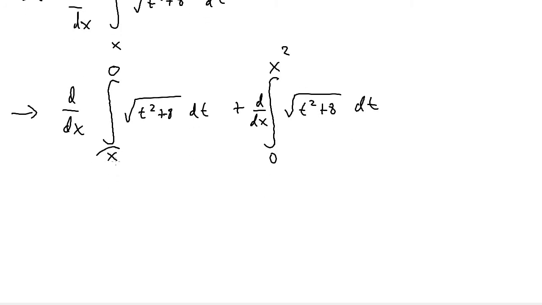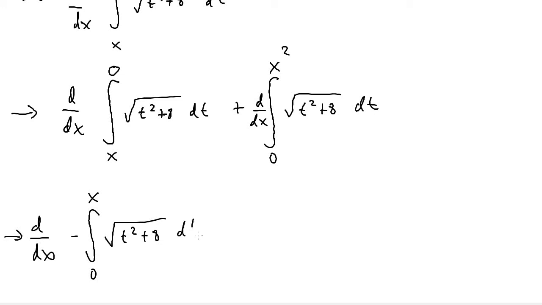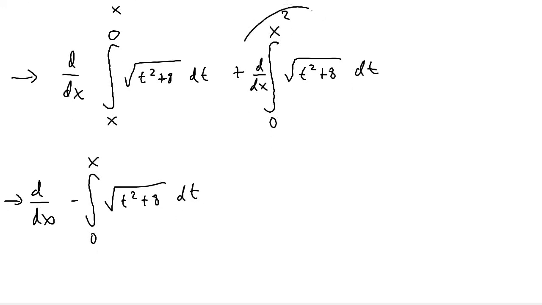Notice how the x is on the bottom, so I need to flip it and make the integral negative. So flip the bounds. I get the derivative of the negative integral from 0 to x of the square root of t squared plus 8 dt. And then plus, this integral is in the correct form, so I can just plug in x squared to the function.